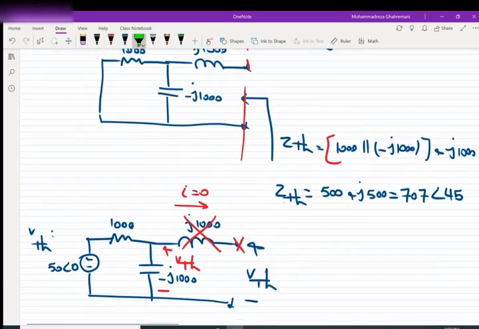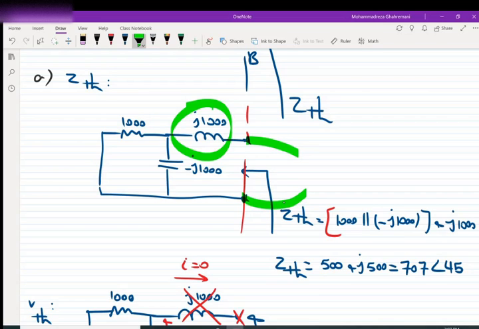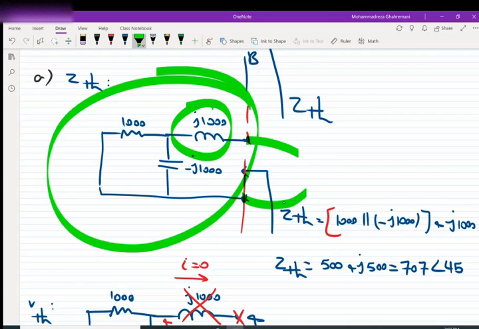Why didn't we remove the inductor in calculating Z Thevenin? Because for calculating Z Thevenin, we look at the circuit from these two points and we only find the equivalent impedance. We don't care about any current.